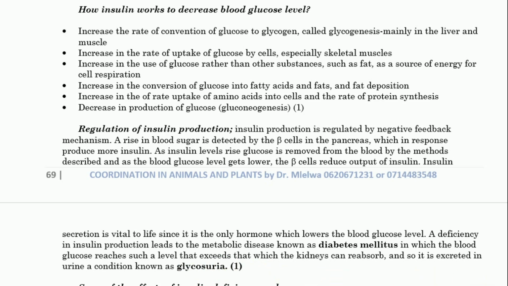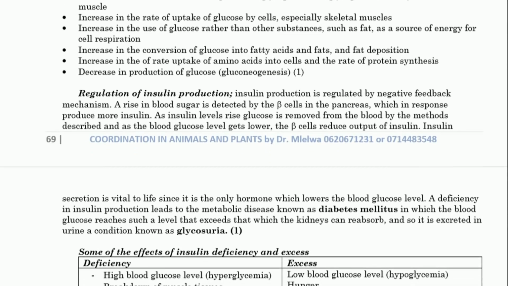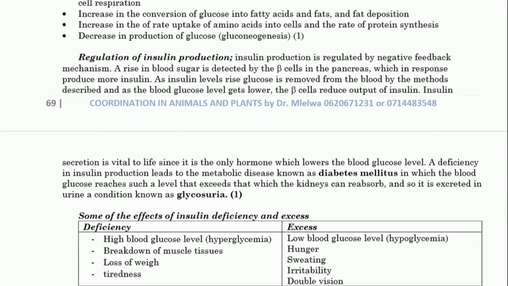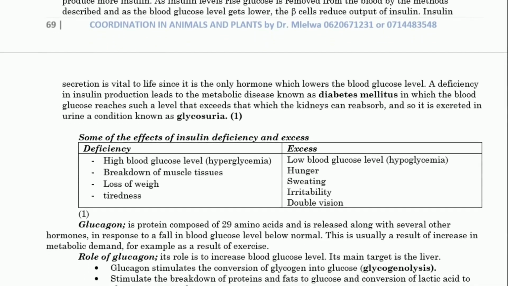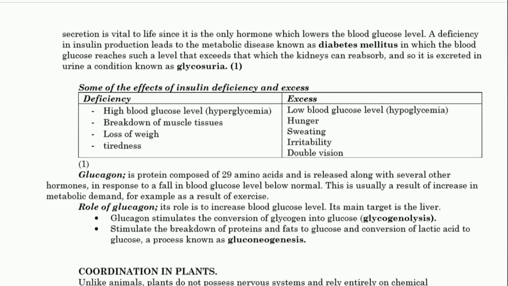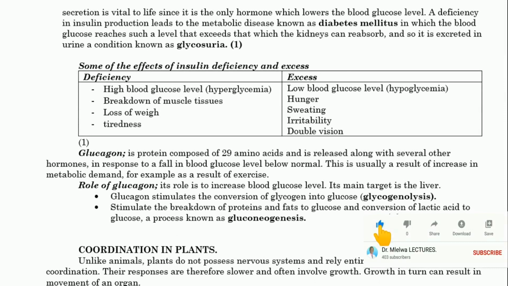So sometimes, among the methods of diagnosing diabetes mellitus, they use urine. They measure the concentration of glucose in urine, and if the concentration of glucose in urine is high, they know the condition of glycosuria is one among the clinical presentations of the patient with diabetes mellitus.